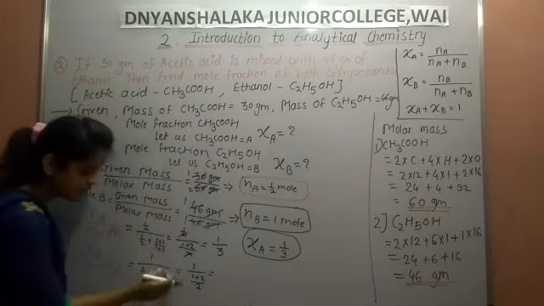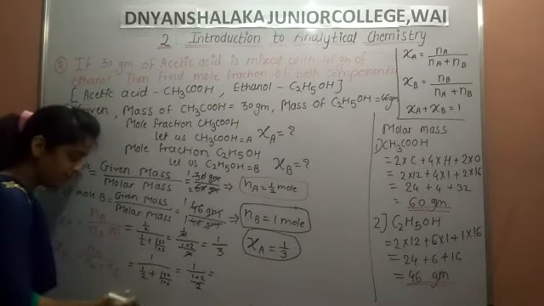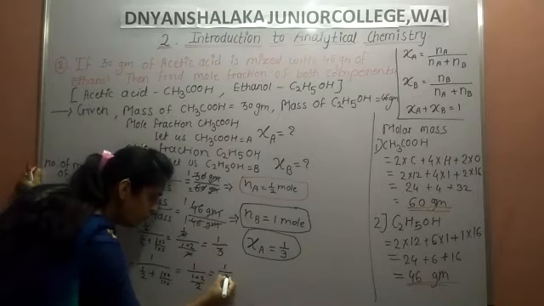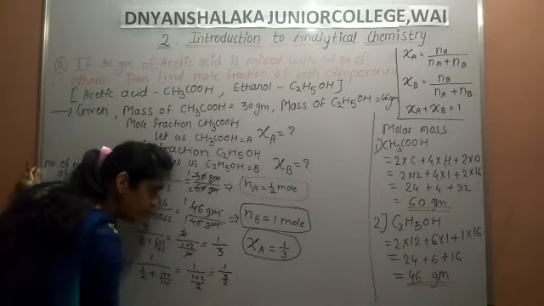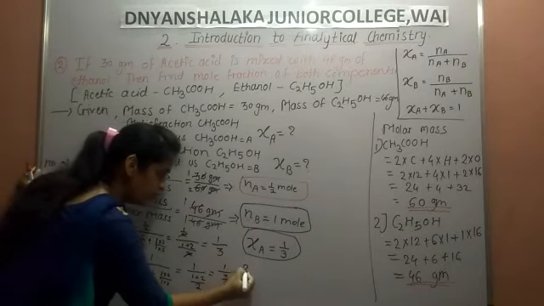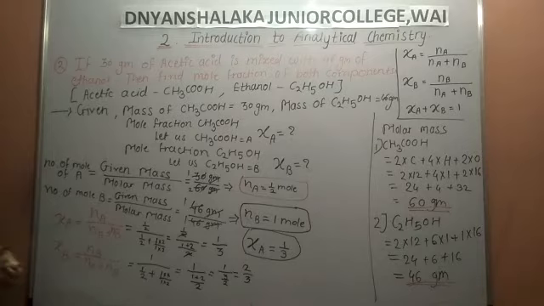Here I mixed two steps into one step. Next, 1/3 divided by 2, so this denominator we shift to the numerator. The value becomes 2/3.